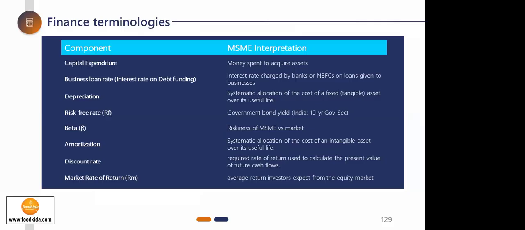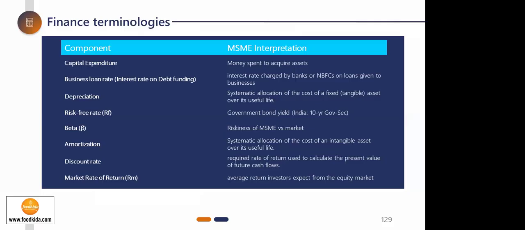A 10-year government security. What is beta? Beta is the riskiness of your project. Beta is a parameter which is directly connected to your Sensex. For example, when I say beta is 1, if the Sensex drops by 10%, the value of your stock will drop by 10%.